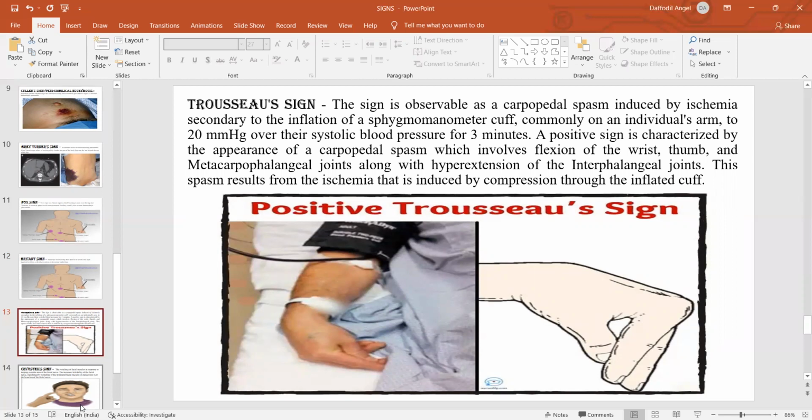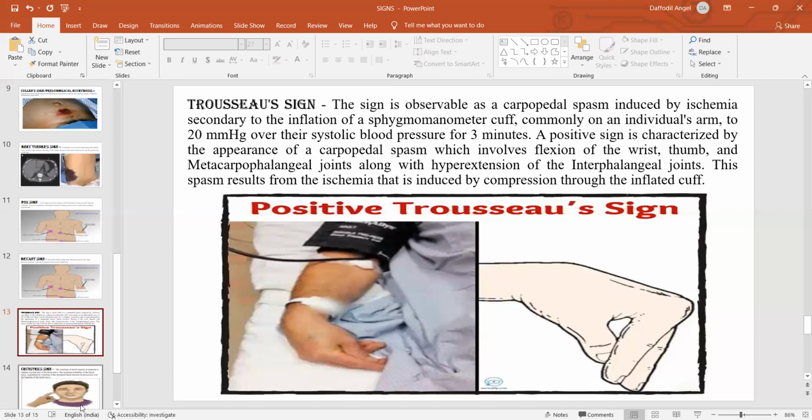A positive sign is characterized by a carpopedal spasm, which involves flexion of the wrist, thumb and metacarpophalangeal joints along with hyperextension of the interphalangeal joints. This spasm results from the ischemia induced by compression through the inflated cuff.